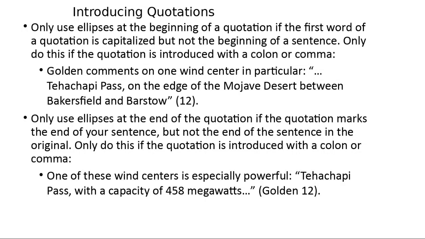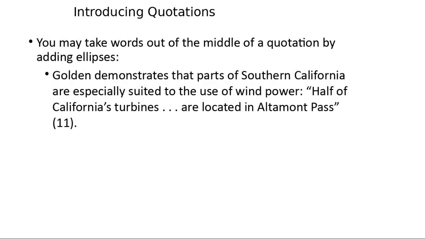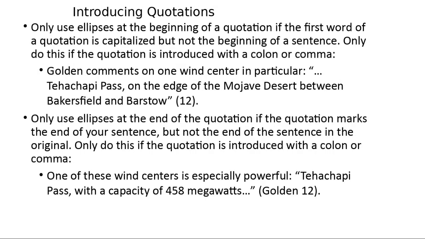Okay. Whereas, to go back one, in this previous one, this is the beginning of the sentence because I can tell that it is capitalized. If it were not capitalized, then I would know that it's not the beginning of the sentence. So those ellipses at the beginning are there to let us know that this is not the beginning of the sentence because we can't tell by the capitalization.